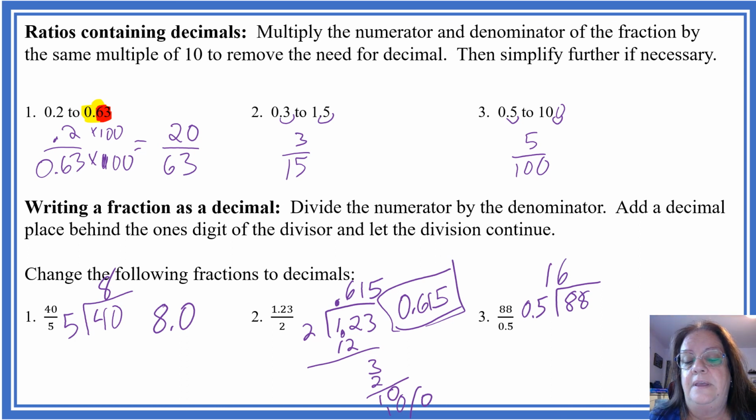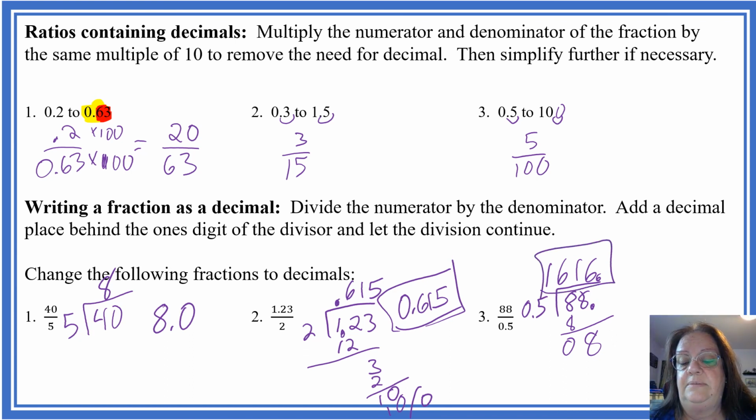That gives me the 8, subtract, 0, bring down the 8. Again, 16 times. And there we go. The answer is 176, since this comes out to an even 0.